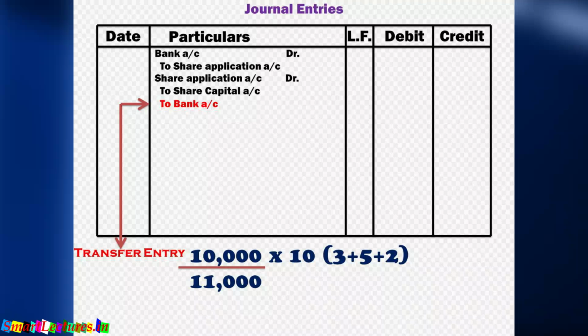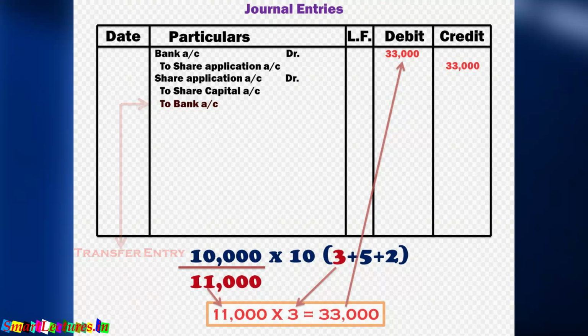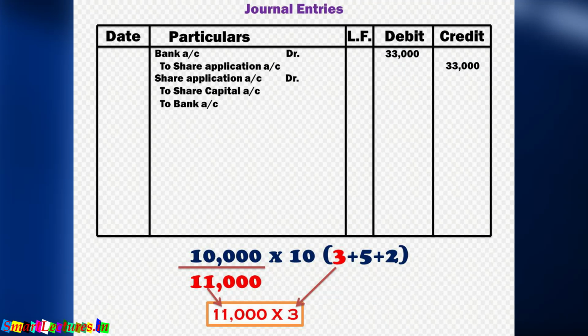For bank account debit to share application account, 11,000 into 3, 33,000 rupees, because we have received 11,000 applications with 3 rupees each. So money received on application is 33,000 rupees.